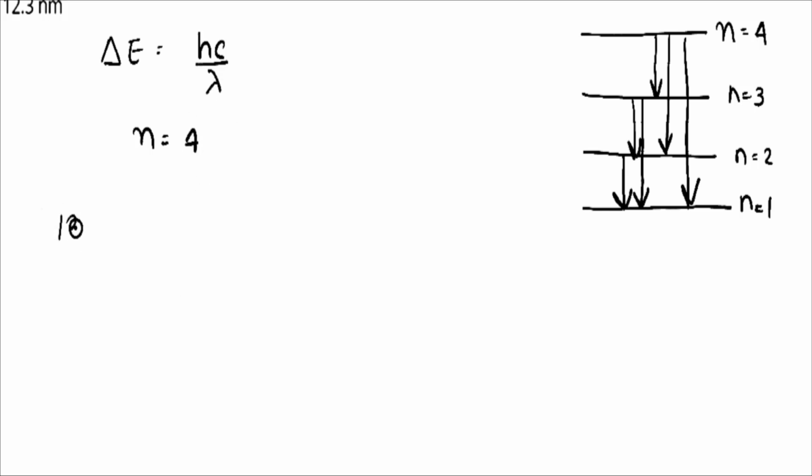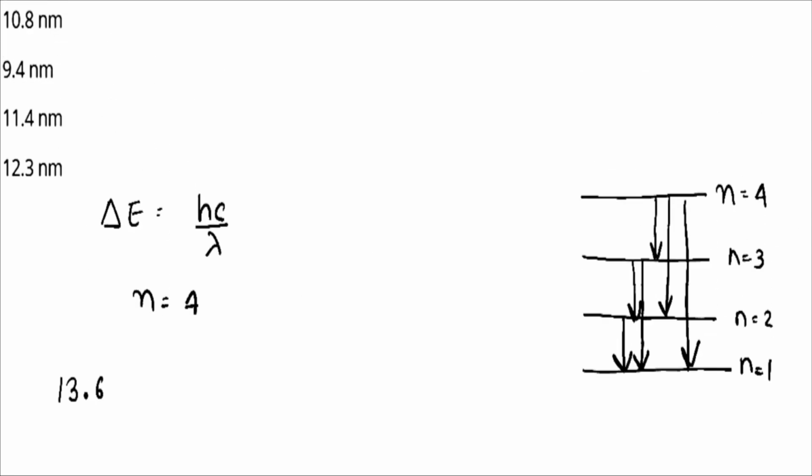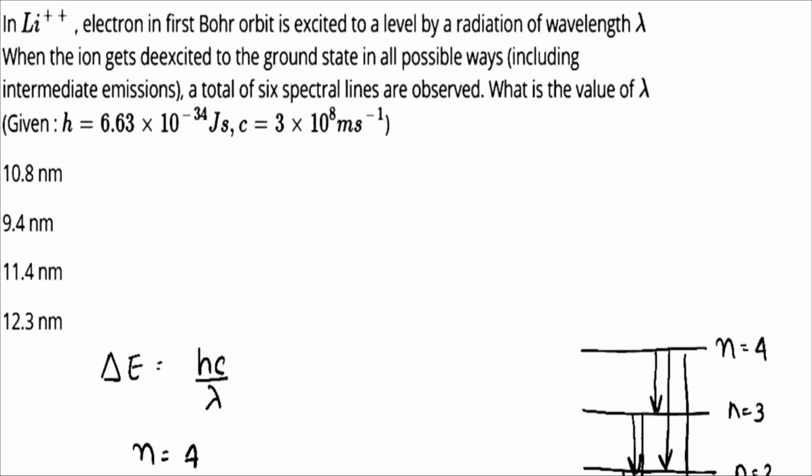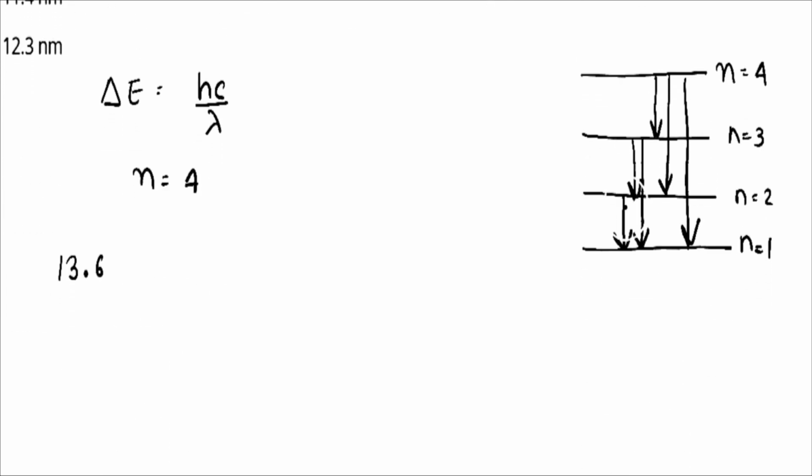So 13.6, into Z square, since lithium has Z equal to 3, so into 9, minus 0.85 into 9. So what is 0.85, first of all? First of all, I'll write 13.6 divided by 4 square, that is 16.